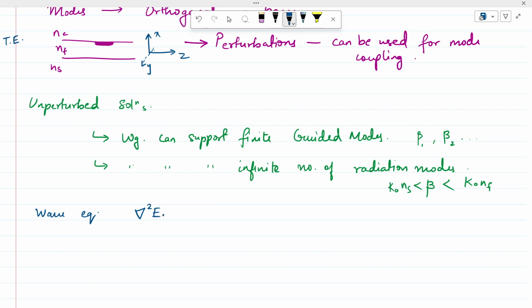So the wave equation will be del square Ey of x comma z comma t, the mode profile in the x coordinate, z coordinate, periodic with respect to z and also periodic with respect to t, because this is the propagation direction and this is time, equal to permittivity times permeability times del square Ey over dou t square of x comma z comma t.